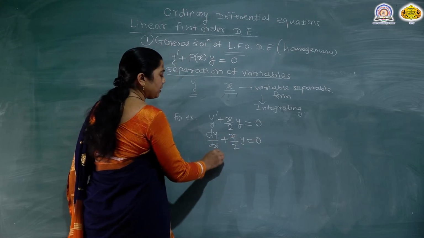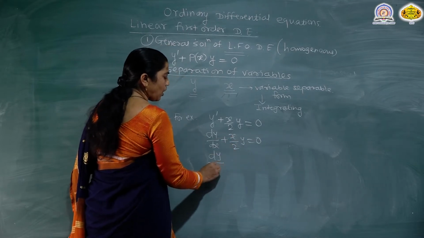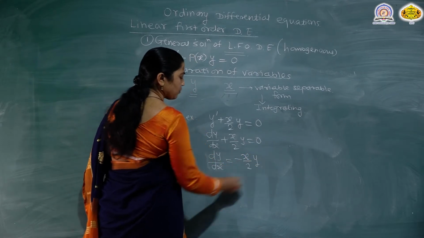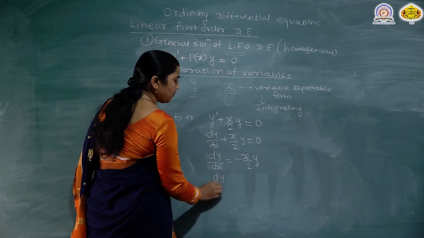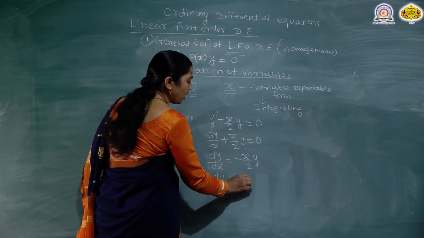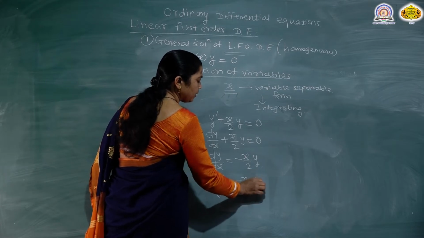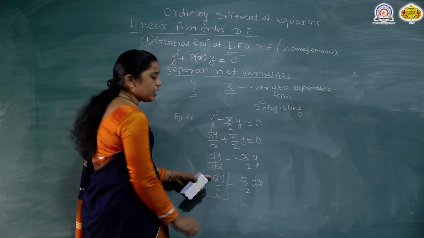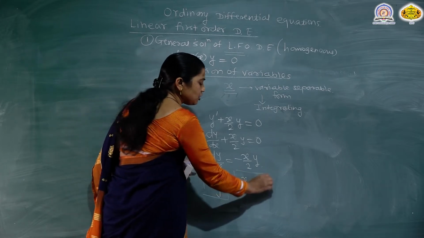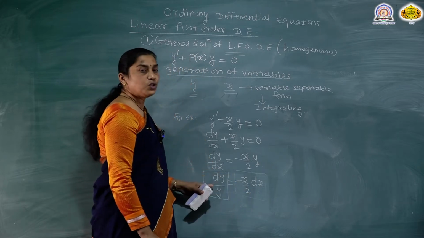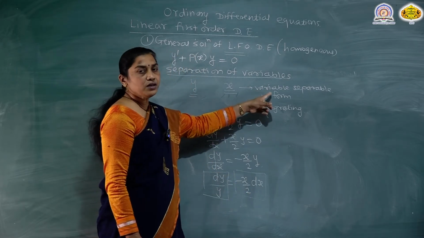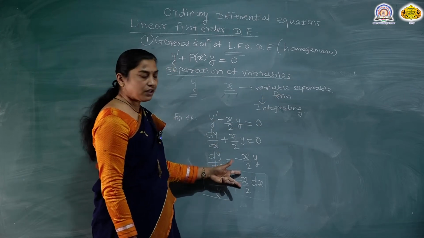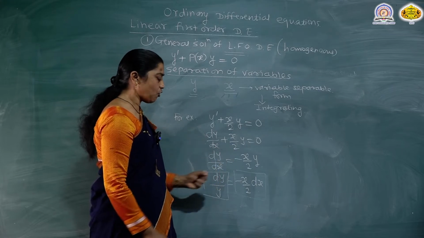So I am able to write this as dy/dx = -x/(2y), or we are able to write dy/y = -x/2 dx. See that the LHS is totally in terms of y and the RHS is totally in terms of x. So this is known as variable separable form: y on one side and all x terms on the other side.